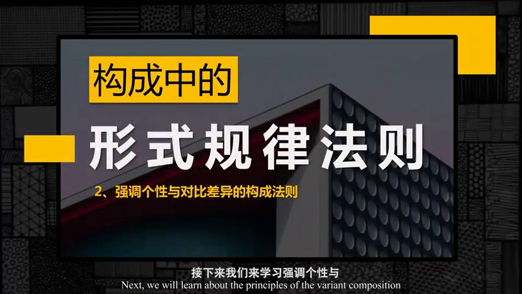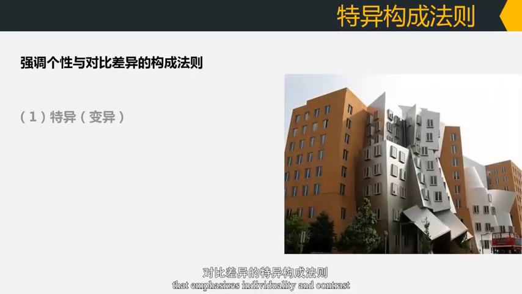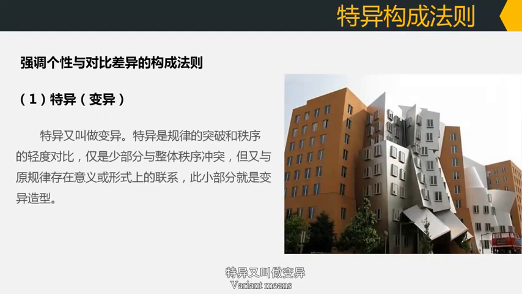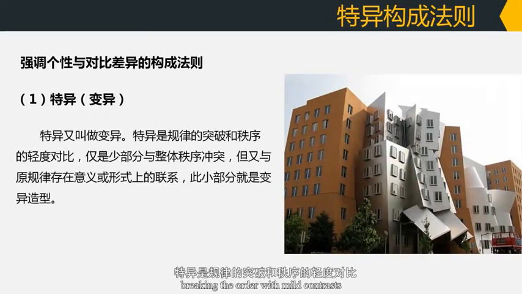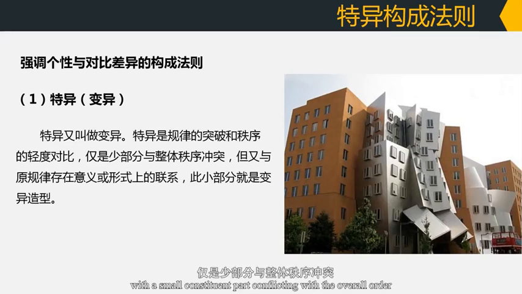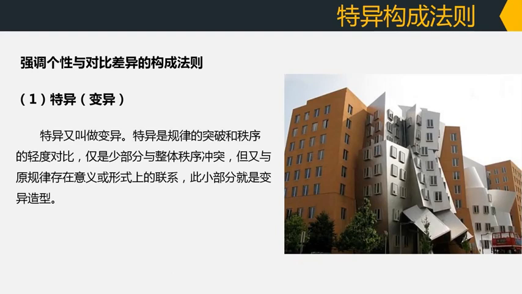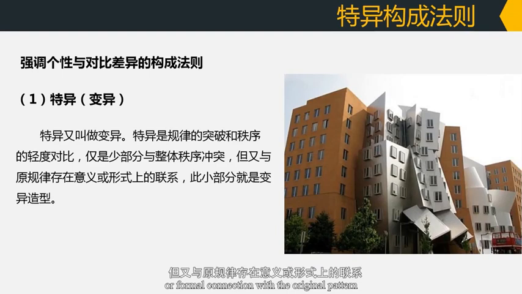Next, we will learn about the principles of the variant composition that emphasize individuality and contrast. Variant means breaking the order with mild contrasts, with a small constituent part conflicting with the overall order, and maintaining a meaningful or formal connection with the original pattern.